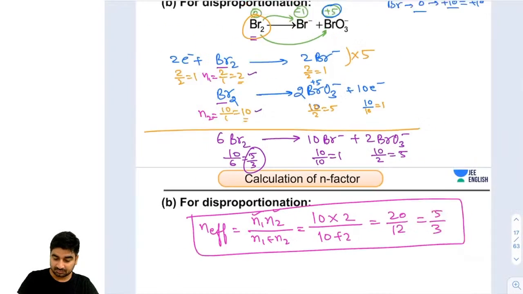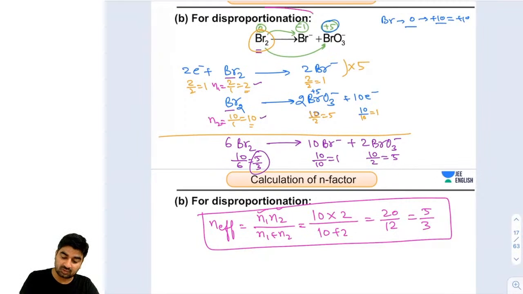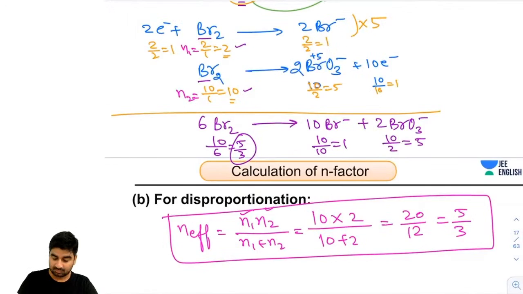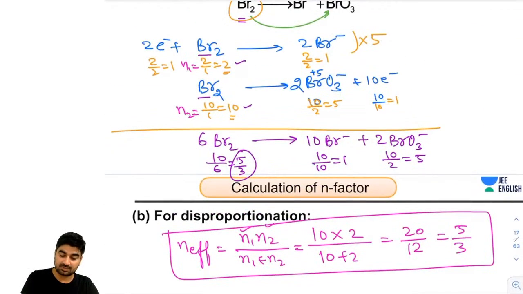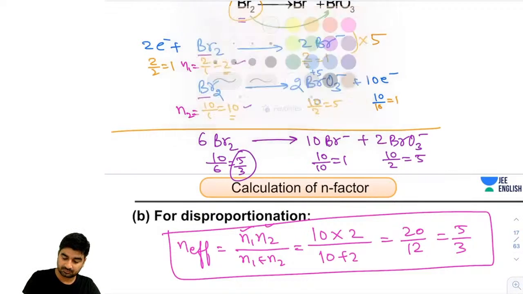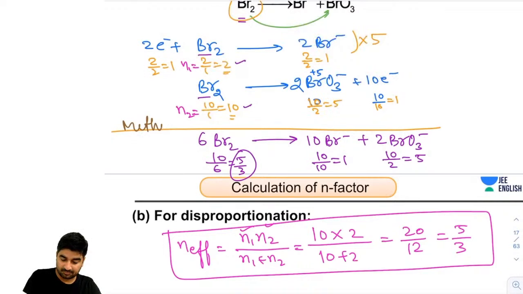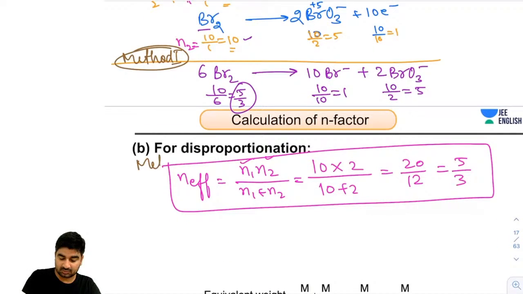So guys, this is how we do the calculation for disproportionation, right? So now I have told you two methods. This was the method number one. Method one. And this was the method two.